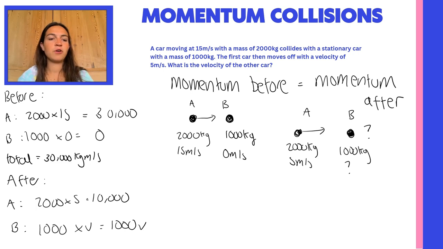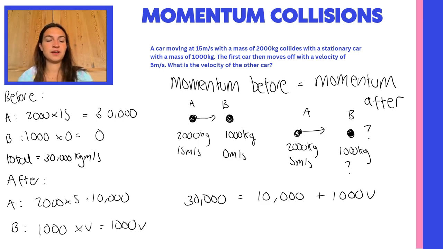So I've got the mass 1,000 times some velocity that I'm calling V for the minute, so that is 1,000 V. Now I need to refer back to my original statement. Momentum before is momentum after. My momentum before in total was 30,000. My momentum after in total is this 10,000 plus this 1,000 V.